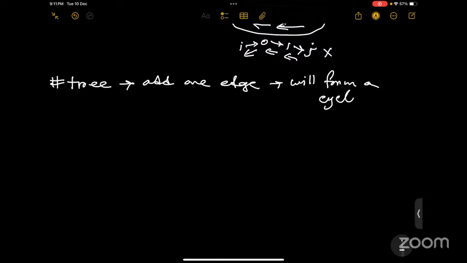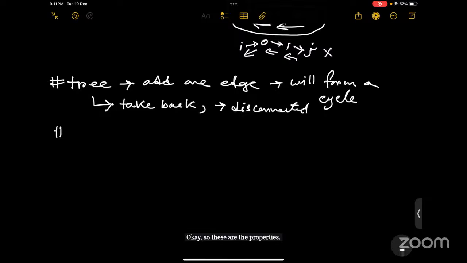And if we take back an edge, then it will be a disconnected graph, right? Okay. So these are the properties.